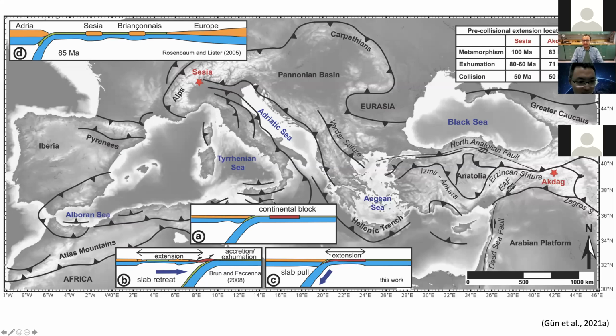But the interesting thing is that if you look at the tectonometamorphic history of the Sesia, we know that these mid-crustal or lower crustal rocks were exhumed to the surface or subsurface levels 80 to 60 million years ago. But the interesting thing here is that the collision is later.